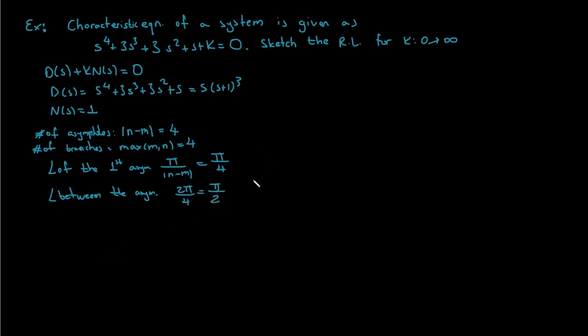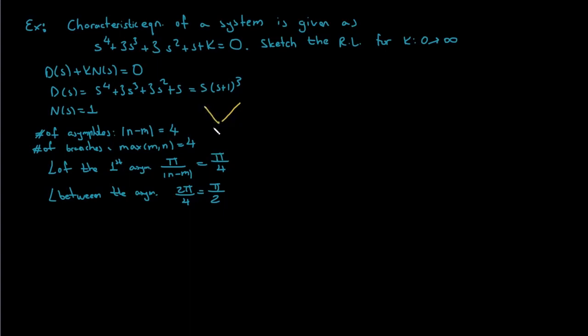So if we make a rough sketch of that, our first asymptote is going to have pi over 4 over there, and I will have 4 of them. The angle in between the first one and second one is equal to pi over 2.